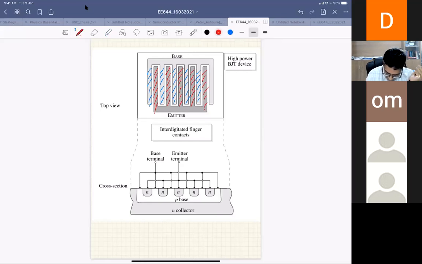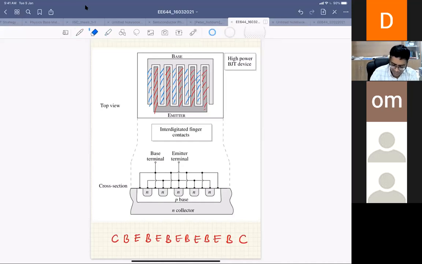Let's say I have my collector, and I divide my emitter, so this is C, B, E, B, B, E, E, B, E, B. Basically you see what I've done, I have divided this part.